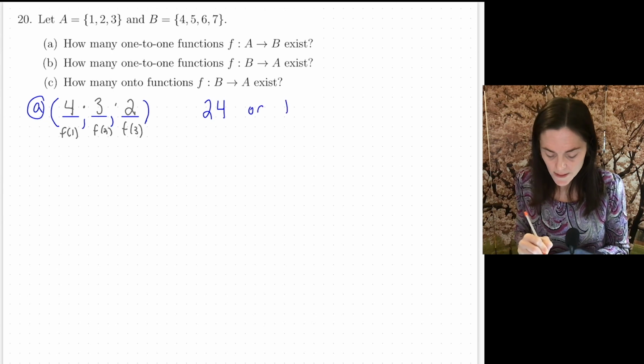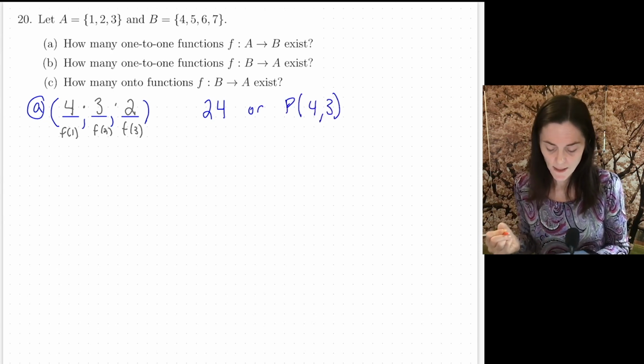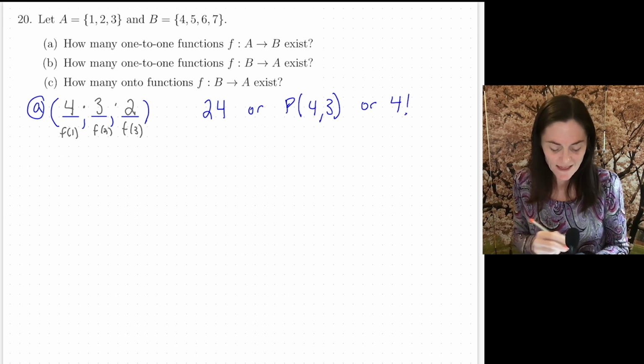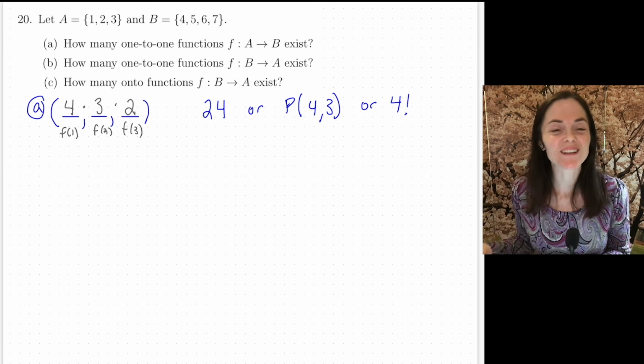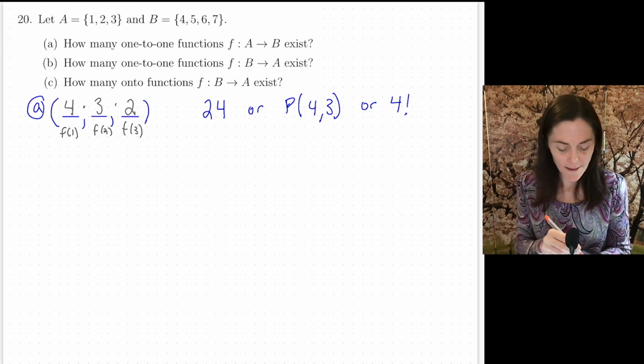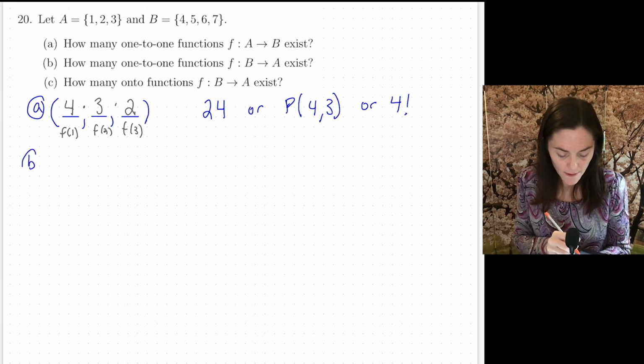Or you could write this as P(4,3), for example. Or, well, we also see this is 4 factorial, because if you just multiply this by a 1, we see exactly 4 factorial. Okay, well, these are all 3 different options for this quantity. Letter B.